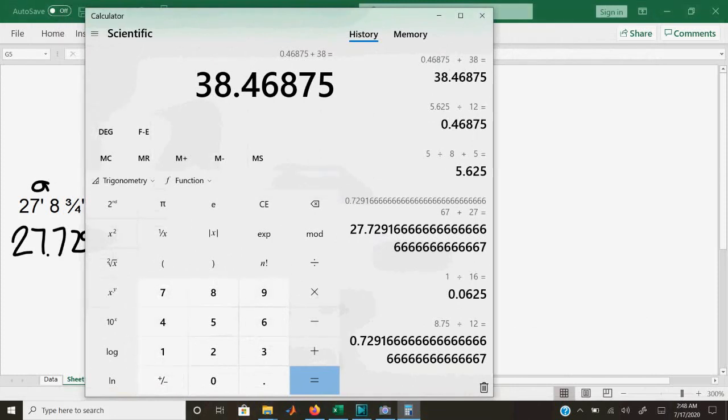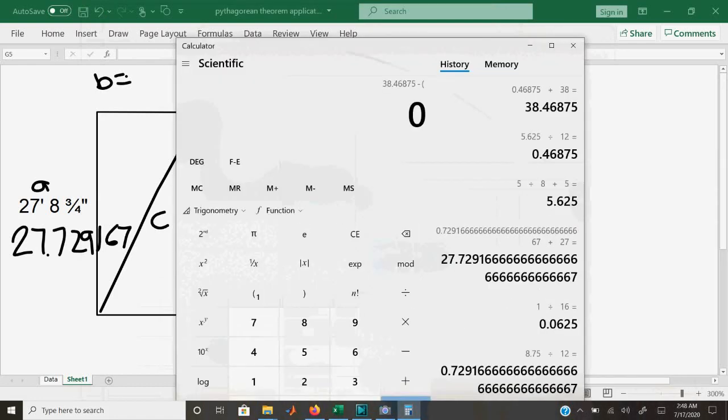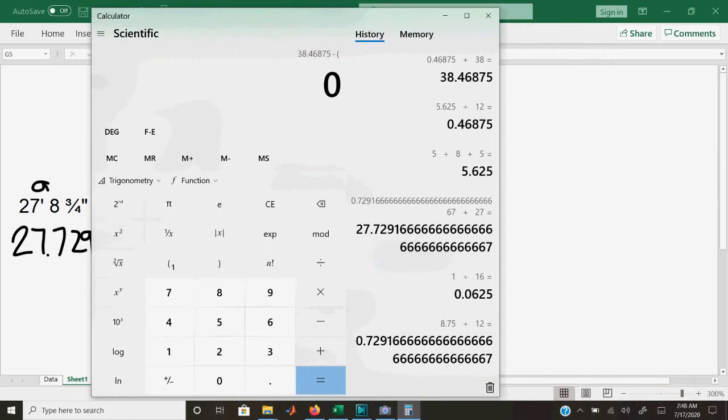I'm actually going to use my parentheses now. So I'm going to subtract. Then I'll go to my parentheses, and I will do 7/8 plus 1. And I'm actually going to start a second set of parentheses. 7 divided by 8 plus 1. I'm going to close those parentheses.